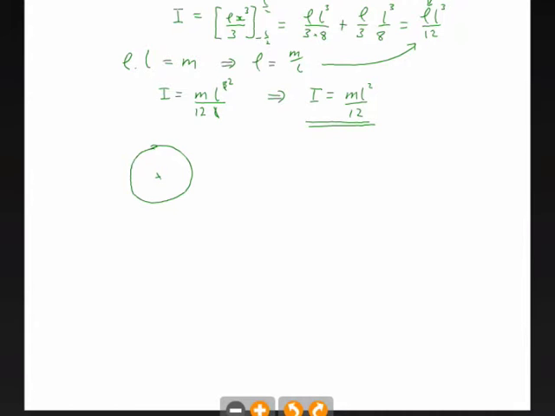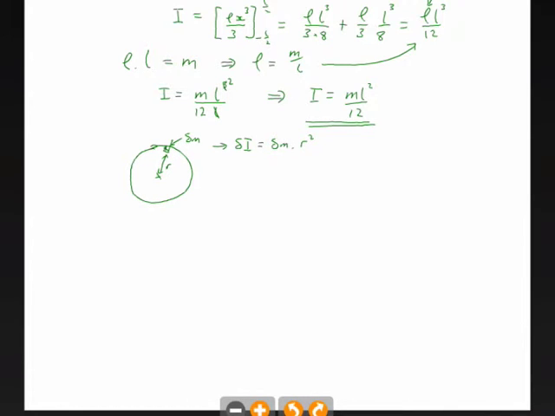So you break this down into little elements, right? This is my little element here, delta m, and it gives me a contribution to the moment of inertia of delta m times r squared, where r is the distance from the axis of rotation.